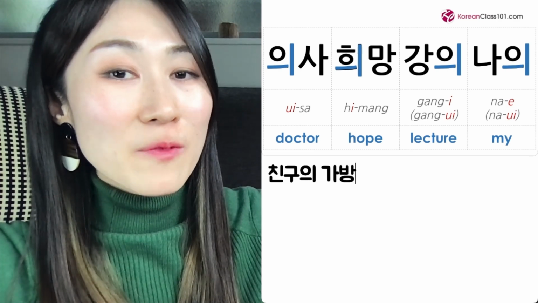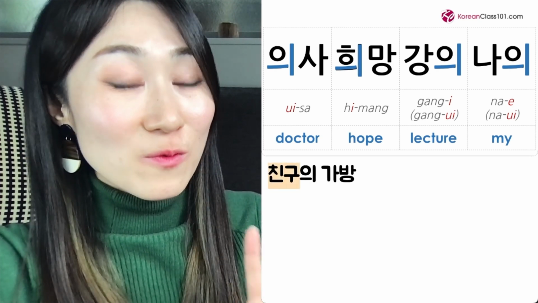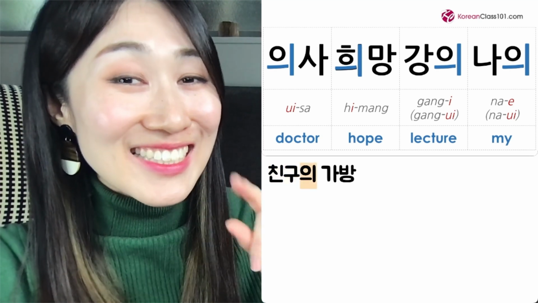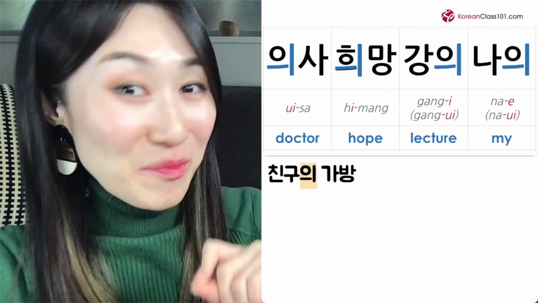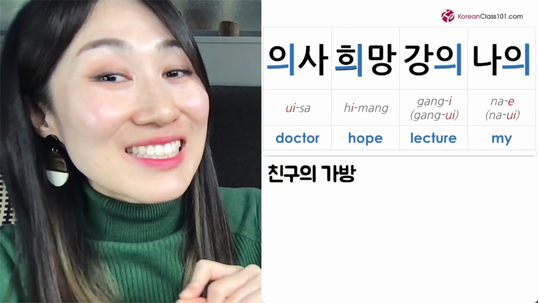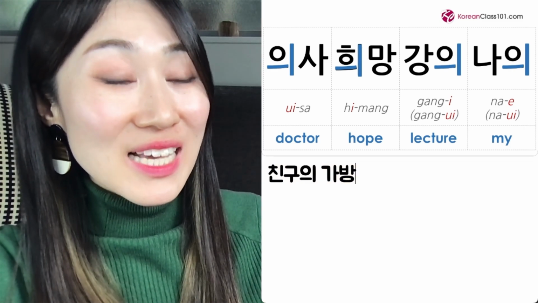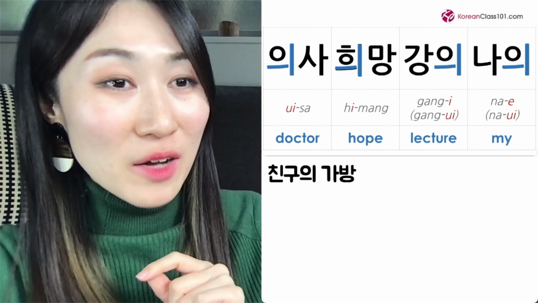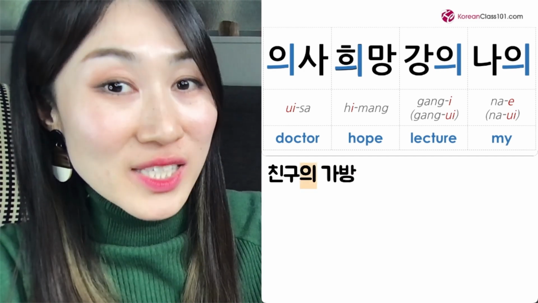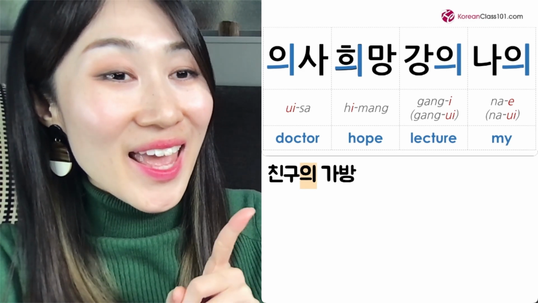So you want to say my friend's bag. 친구 is friend. 의 is like a possessive marking particle. So 친구의 means friend's. 가방 means a bag. So my friend's bag is 친구의 가방 because 의 here is a possessive marking particle. So the pronunciation should be 에.